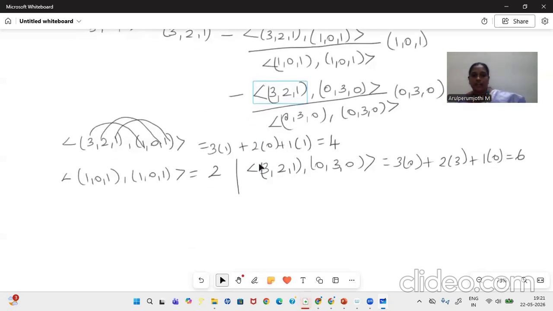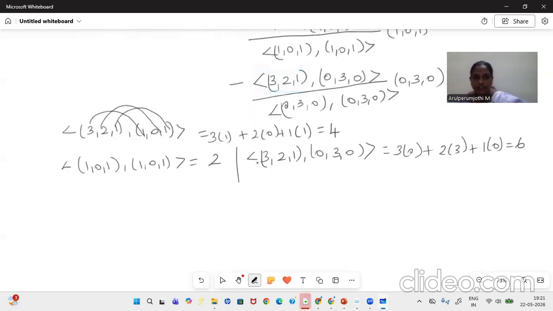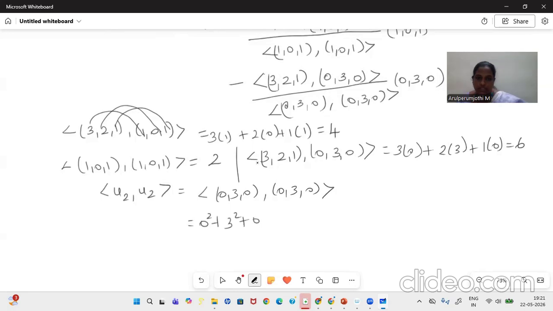Next we have to find the inner product of u2 comma u2, right? So you just square the numbers. It is (0, 3, 0) and (0, 3, 0), so the answer is 0 square plus 3 square plus 0 square, which is 9.